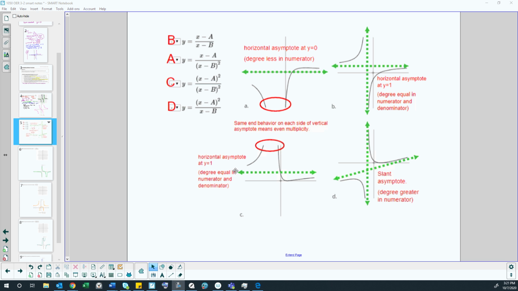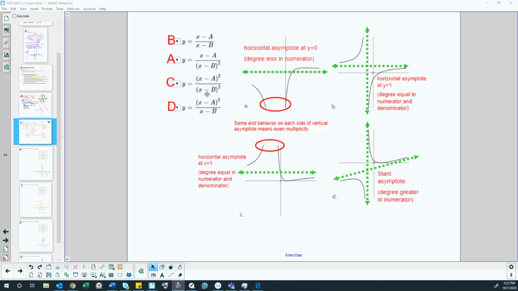Look at our graph C. Graph C has a multiplicity of 2 on this bottom zero, which is the one it specifically applies to. But the top zero is also affected by a multiplicity of 2. Notice how it's touching the x-axis and jumping back up, kind of like it would with a parabola that was touching the x-axis. So that's why that happened, because of the 2 multiplicities here and here.